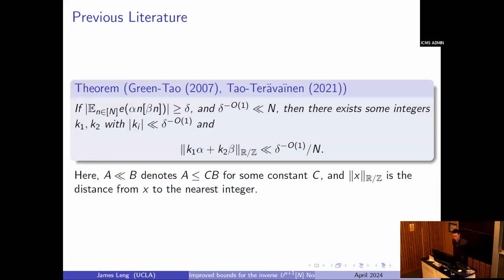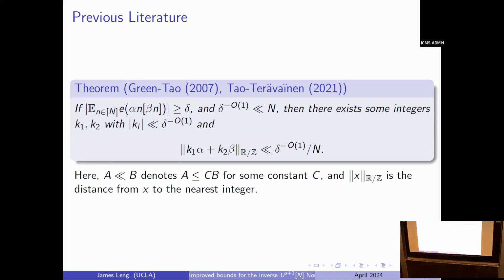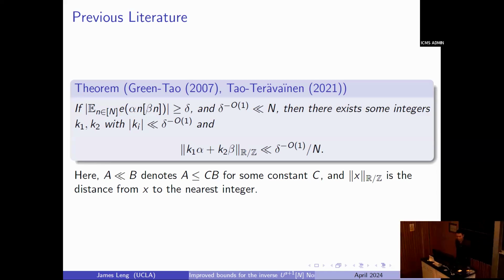The result in the literature in this direction is the Green-Tau equidistribution theorem, which basically says that if this exponential sum is large, then there exist integers k1 and k2, which are bounded, such that k1 alpha plus k2 beta is really small.